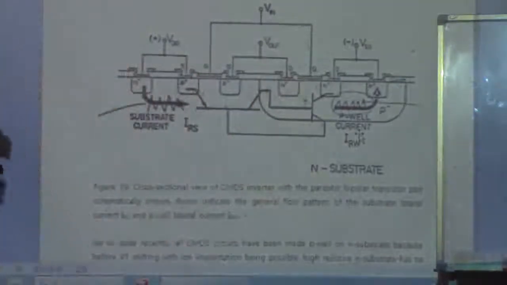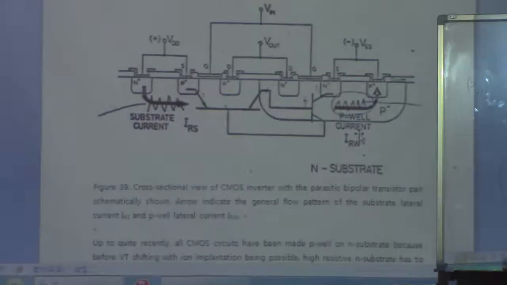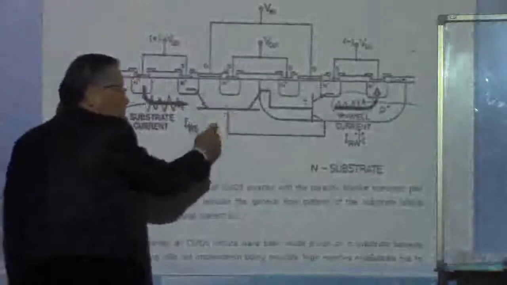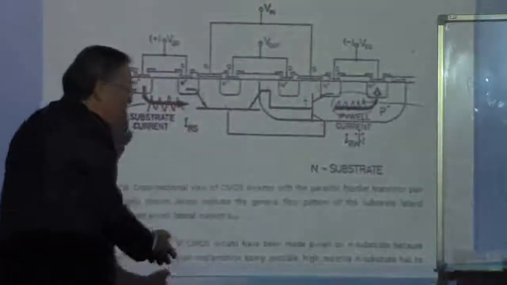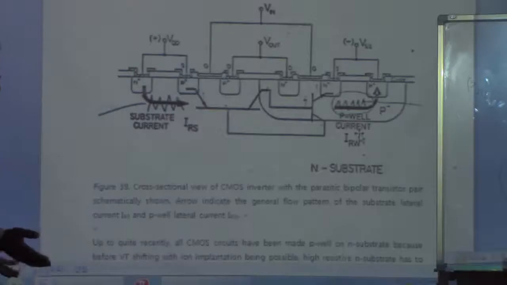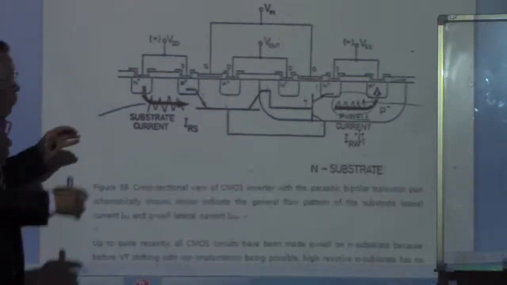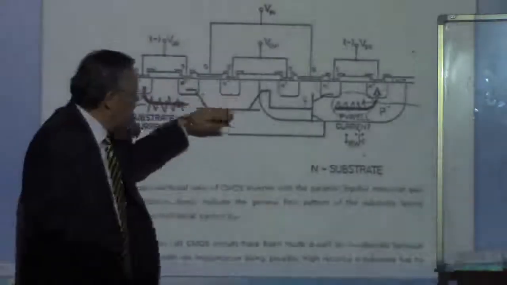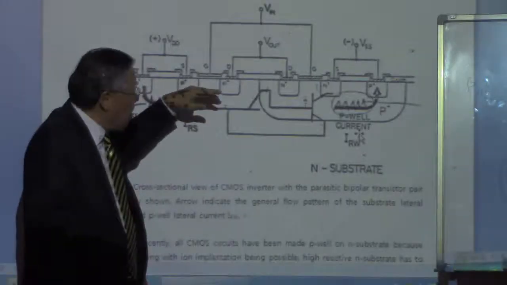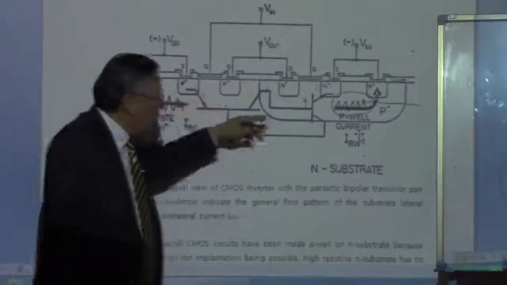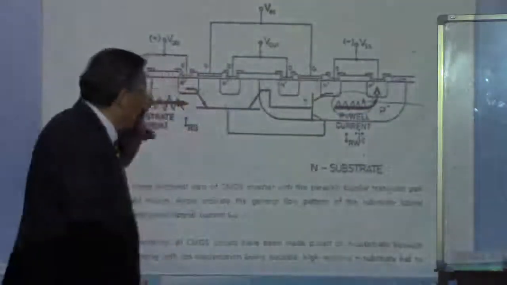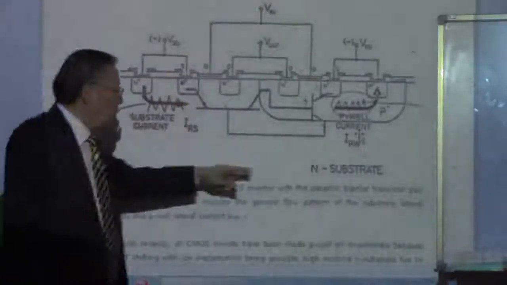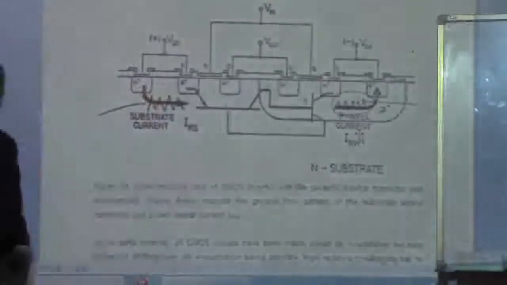So if you want to reduce the beta value, you have to work on this instead of this, because this one has a low beta from the beginning. So if you want to reduce the lifetime, you're going to work on this lateral transistor better than this vertical transistor, because the damage is going to happen on this N substrate. Okay?